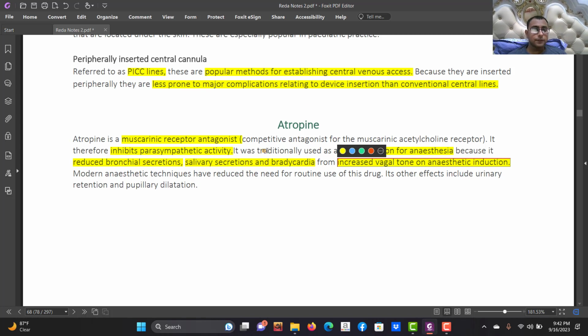So we use atropine to alter the parasympathetic activity, which helps in induction of anesthesia.